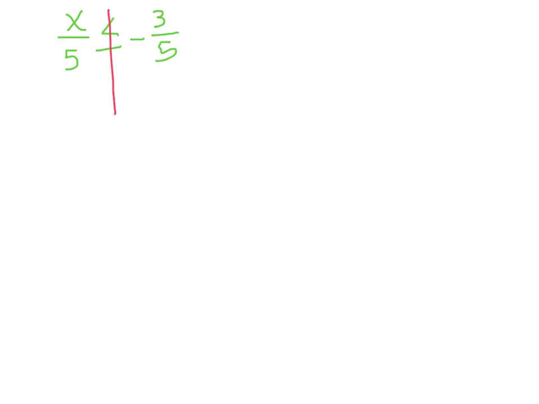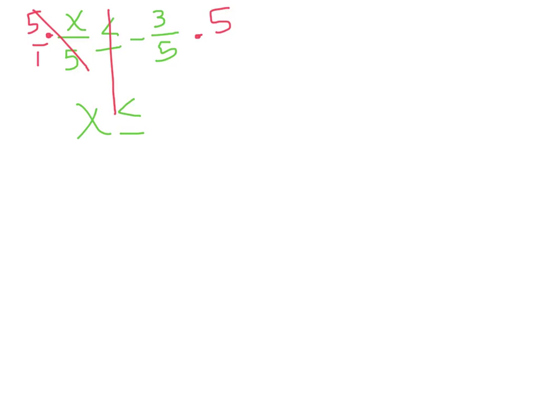Here's the middle of my inequality, and I know that the x over 5 is dividing, so the opposite would be to multiply both sides of my equation by 5. If you want to think of 5 as 5 over 1 and cross cancel those out, you will be left with x is less than or equal to, and then you have some math to do.